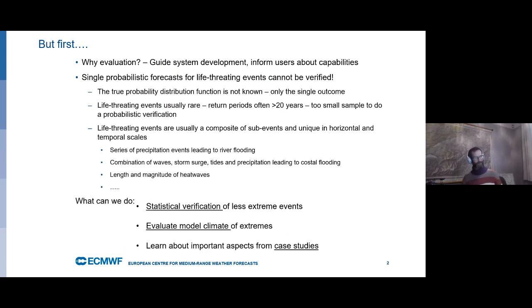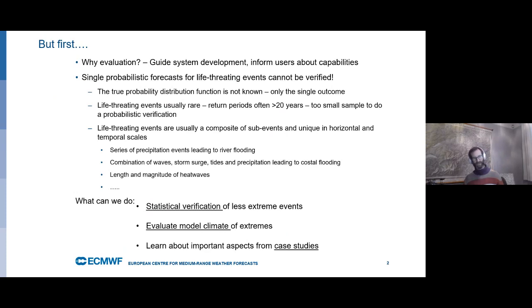So instead, what can we do? First of all, we can do a statistical verification, but lower our threshold to what we consider extreme in order to get a good sample size. Then we can also evaluate the model climatology.